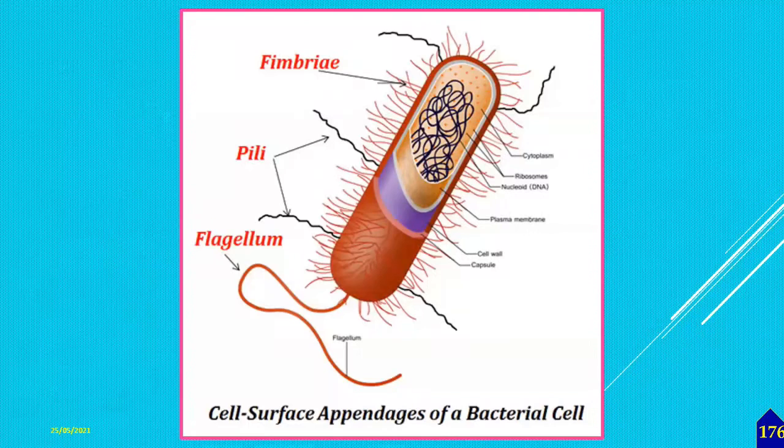So this is once again the fimbriae, then this is the pili, meaning elongated structures of the cell membrane. Inside the cytoplasm there are the ribosomes, then the nucleic acid or DNA. This is the coiling up of the chromosomes. And the plasma membrane, of course, and the cell wall and capsules are there. So these are all the cell surface appendages of a bacterial cell.